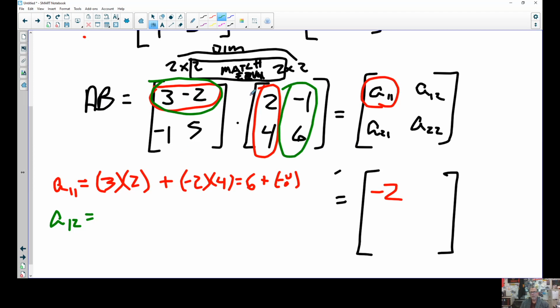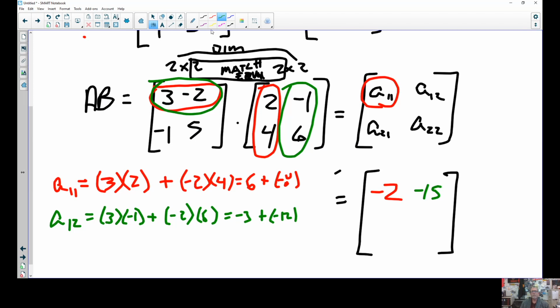So I'm going to do first element times first element, 3 times negative 1, plus second element times second element, negative 2 times 6. And that's going to be negative 3 plus, what is that, negative 12. So that is going to be negative 15.